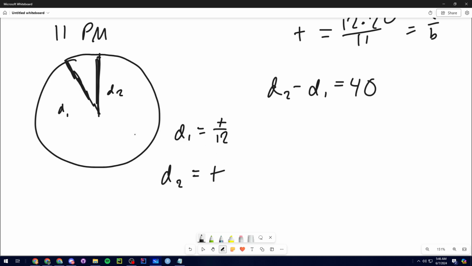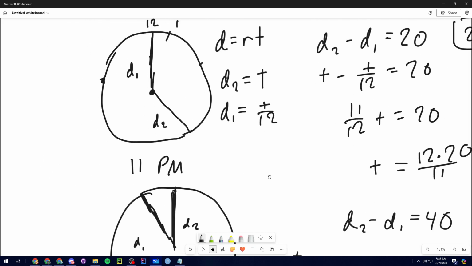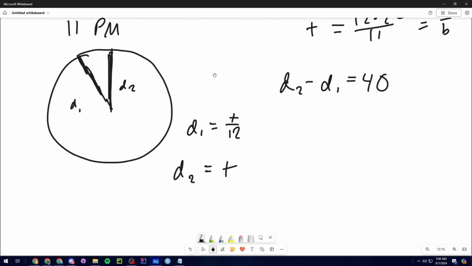At 12 a.m., the clocks started off at the same position. But now at 11 p.m., they're starting off at different positions. So now we need a little shift, right? The best way to think about it, this is technically 5 minutes ahead of the other clock. So this is t plus 5. And that'll help you because d2 is just 5 minutes ahead of the other one.